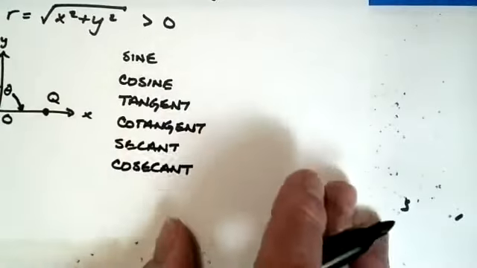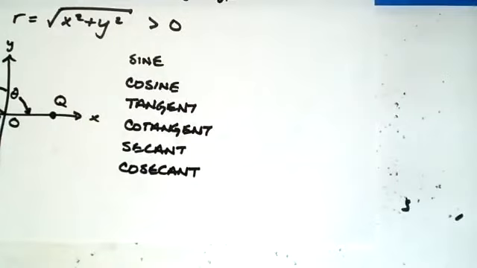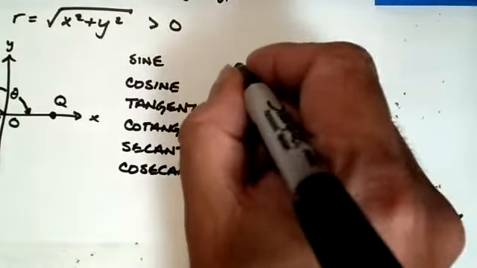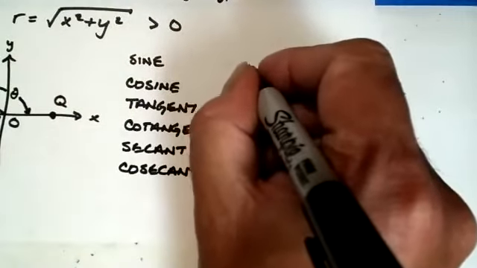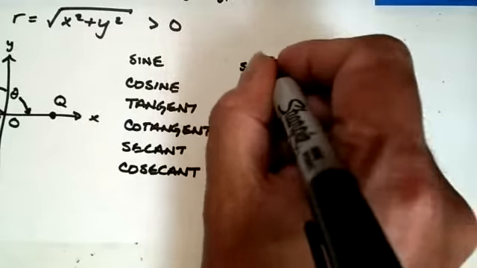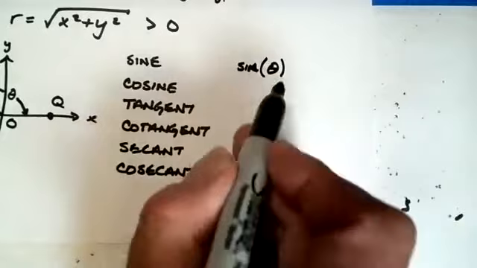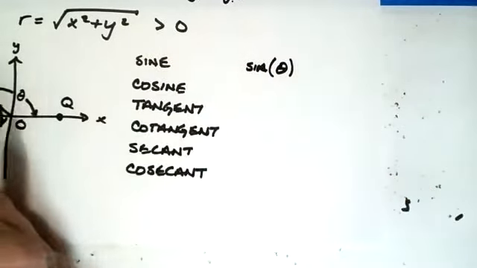Okay, now the symbol that is used for these generally is lowercase letters. So these are the names of them, and the notation would be sin of theta. Now remember, this is a function, so it has to be a function of some variable, right? And the variable happens to be the angle.